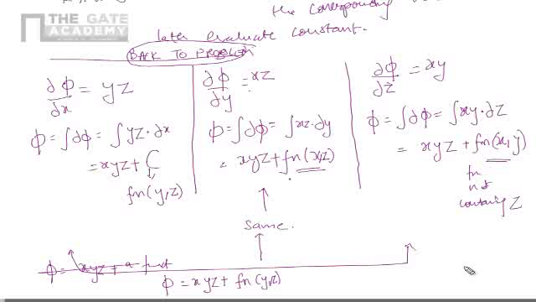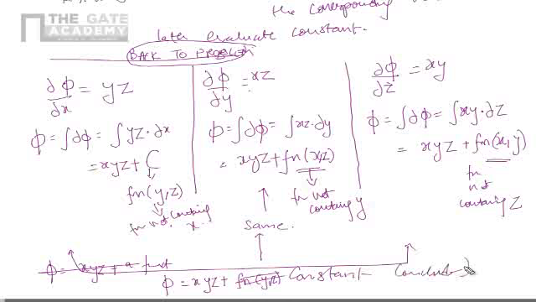Here this is a function not containing y. This is a function not containing x. That means this part is a function not containing x, not containing y, not containing z. Therefore this part has to be a constant. Here we conclude it. This is how it has to be done. And therefore φ is nothing but xyz plus constant is a solution.